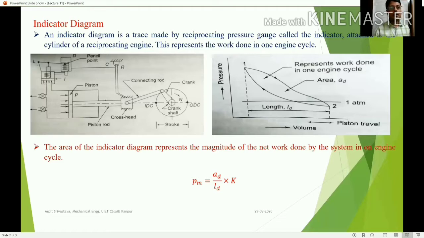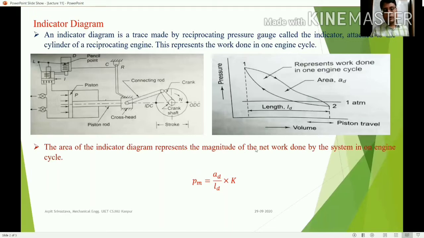Here a spring is placed above the piston, and its stiffness is represented by K.